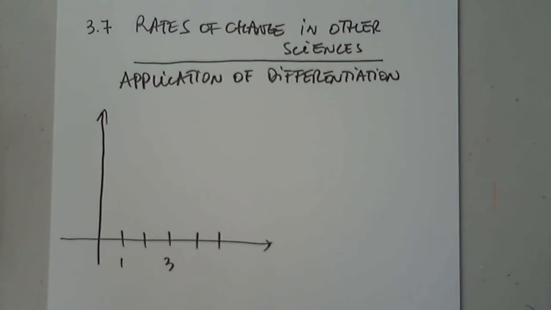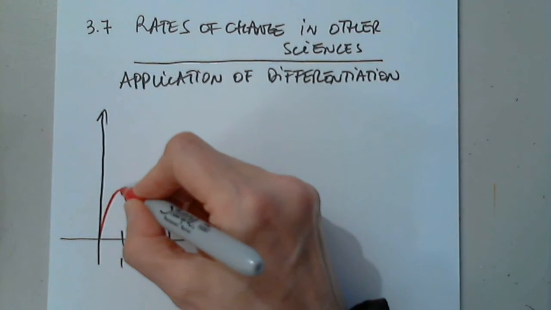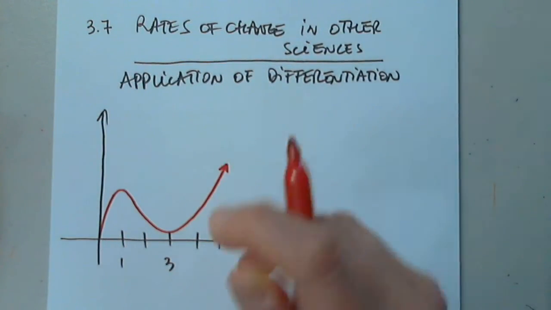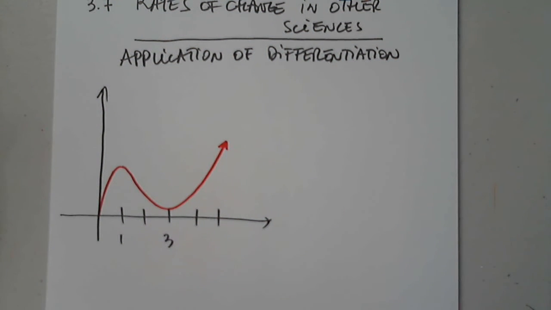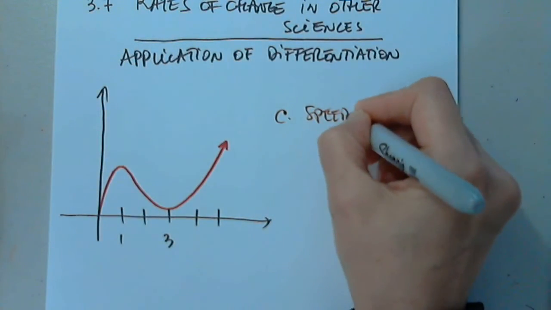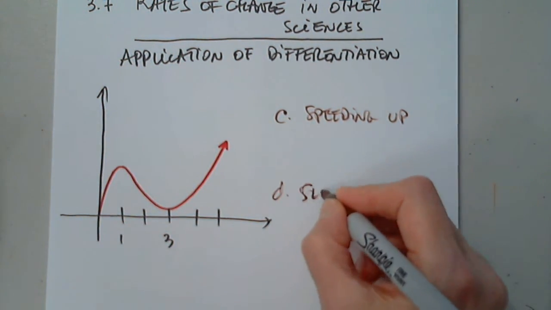It starts at a maximum here, then a minimum here, and it goes up. Okay. So now the question is, when is the particle speeding up? So that's part C. And part D is slowing down.